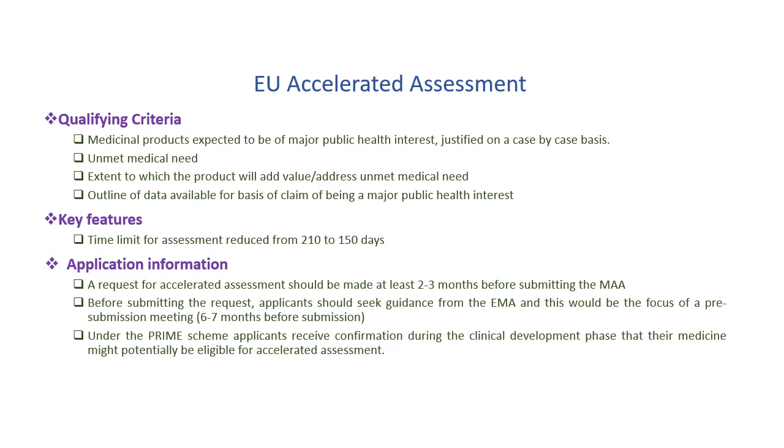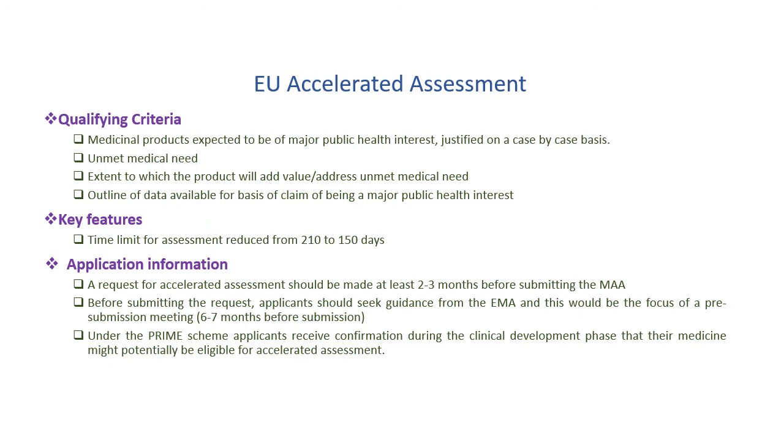How it is done is basically a request for accelerated assessment should be given at least 2-3 months before submitting the marketing authorization, and before submitting the request application, applicants should seek guidance from EMA, and this would be the focus of the pre-submission meeting.